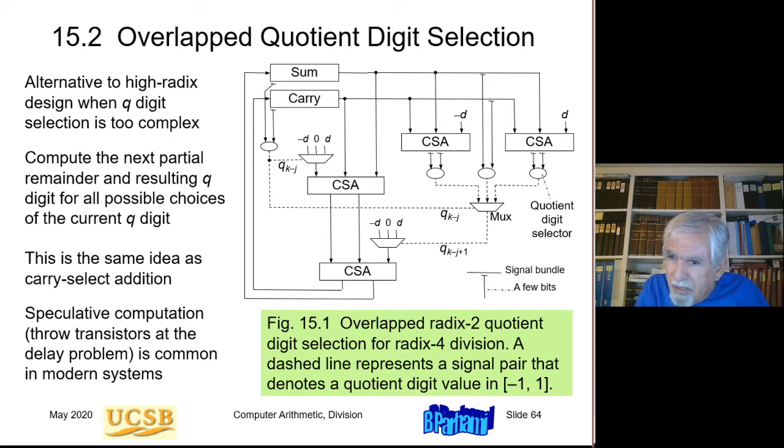Okay, so rather than start selecting the next quotient digit at this point, I started right up there by doing three versions of the quotient digit selection depending on what the first digit is, and then choosing the appropriate version for the next stage. So this requires only a little bit more latency per cycle and radix 2 division.